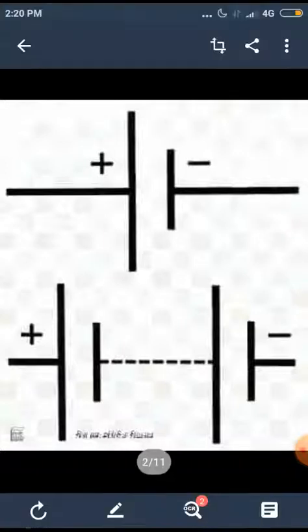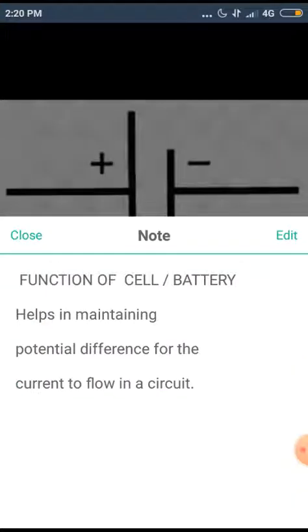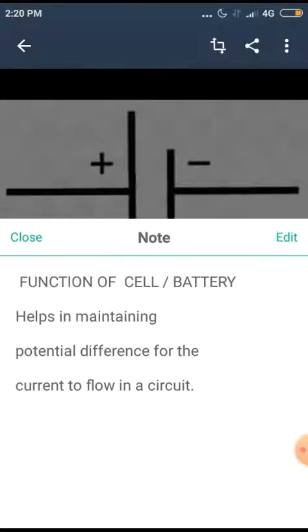The second symbol is for a battery. It is a combination of cells which are connected end to end. The main function of a cell or a battery in a circuit is to maintain potential difference so as to enable the current to flow continuously in a circuit.